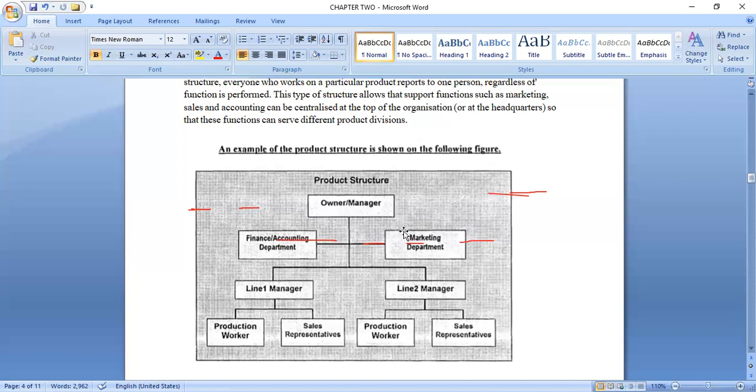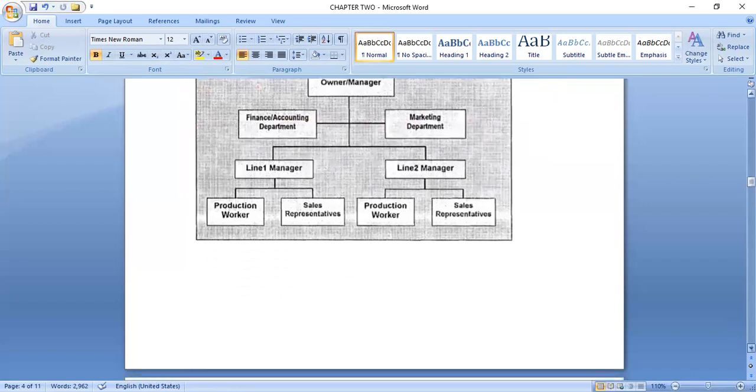So they work in collaboration with all these other line managers that are managing these different products, right? That is important for us to note for divisional organization structures. So that's how a product organization structure looks like.